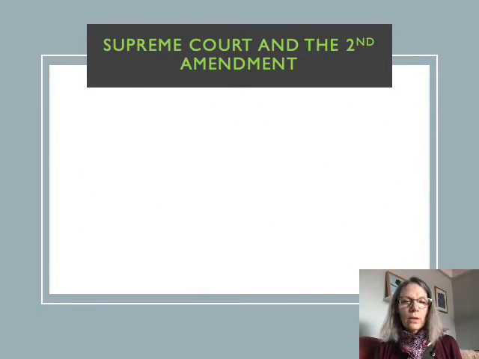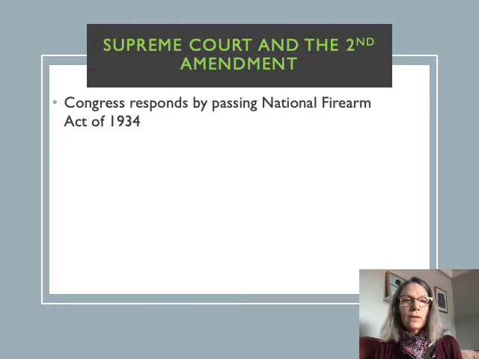So what does the federal government do to address this rise in crime in the United States? Well, one of the things they say is, look, we have organized crime. We also have economic crimes associated with bank robberies and things like that because of the economic crisis of the Great Depression. So one way that we can reduce violent crime and the rise of crime is to place some controls on guns.